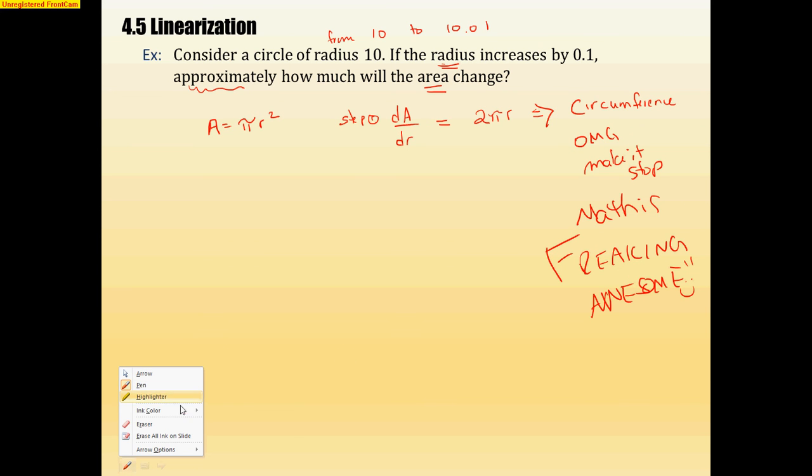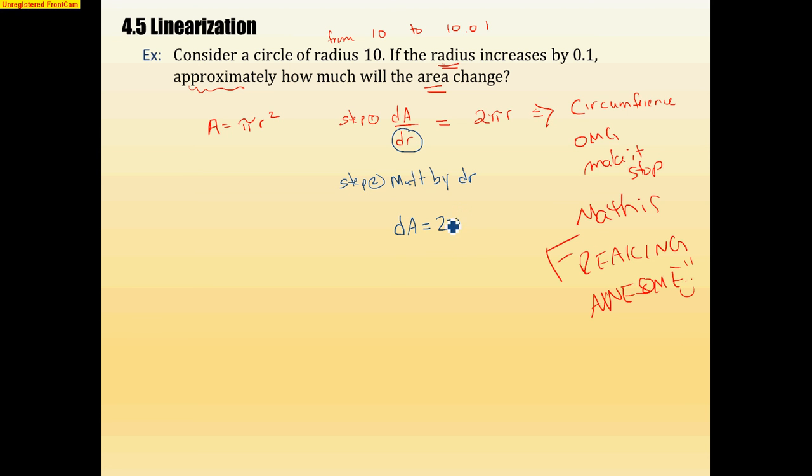So, step 1, take the derivative. Step 2, multiply by the small change in radius. So I get the differential of the area is 2 pi times the radius times the teeny tiny change in the radius.